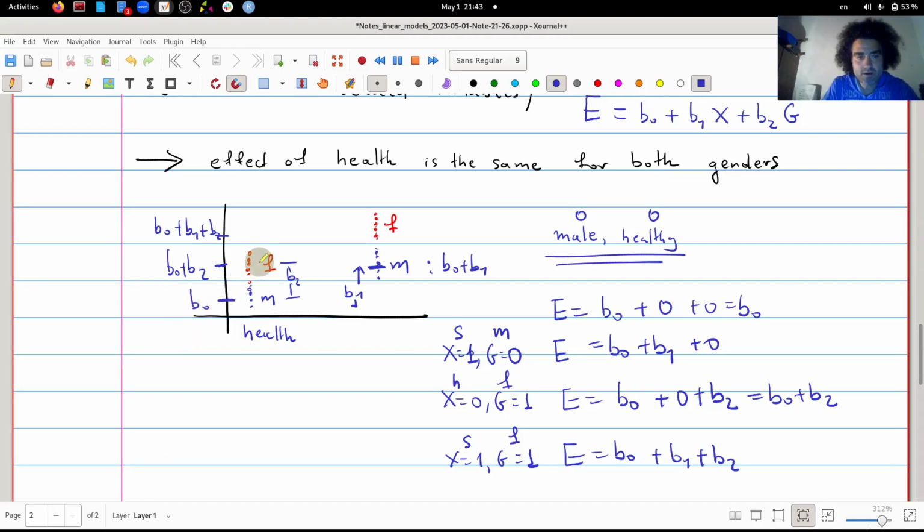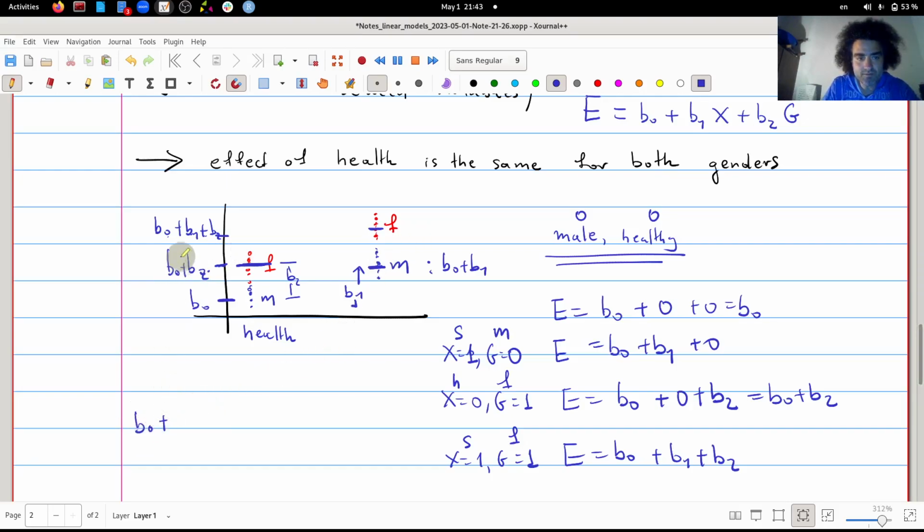So compared to the healthy females, so the healthy females are here, they are b0 plus b2. The sick females are b0 plus b1 plus b2 minus b0 minus b2. So let's write it here to understand it.